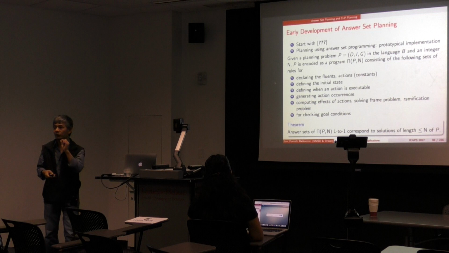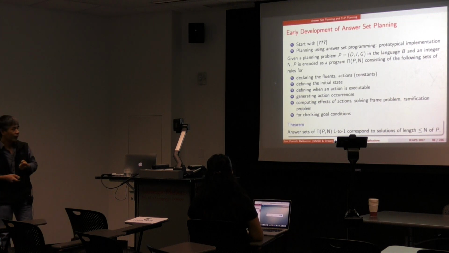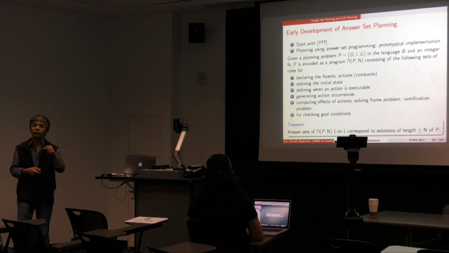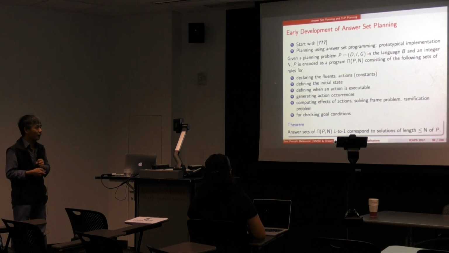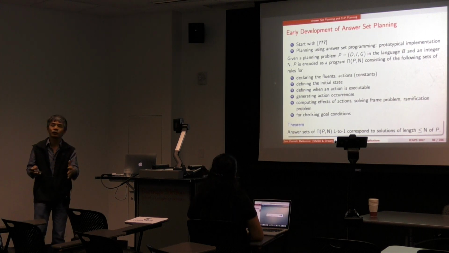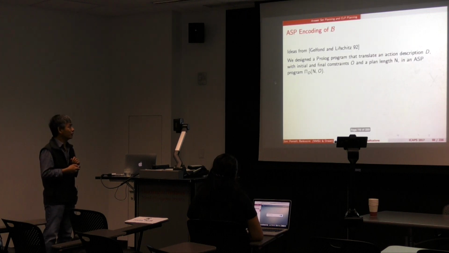Then we add one more rule, the choice rule, to generate the action occurrence. Then we develop rules that compute the effects of the actions, solving the frame problem and the ramification problem, and then add the constraint for checking the goal condition. Here are the details.